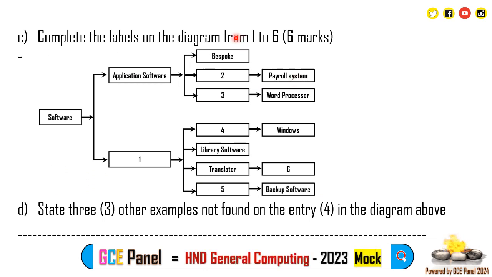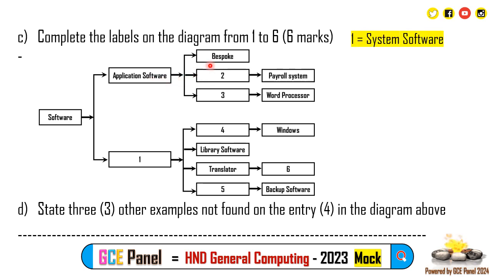So complete this diagram below. The part 1 here is software, right? Software is classified into application software and what? System software. So number 1 is system software.